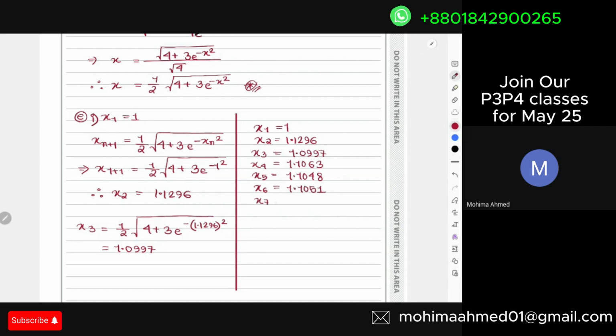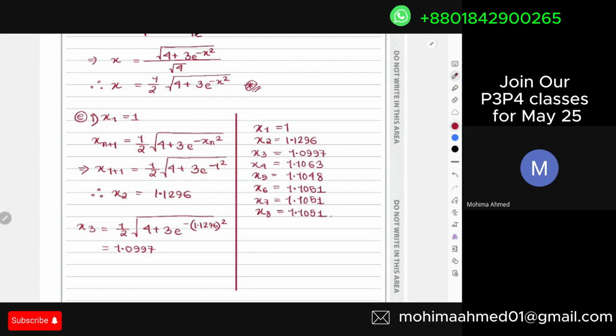And then again x7, which is 1.1051, which is again 1.1051. We can see that 1.1051 is coming out as a constant value. Still, I will calculate this again, and we get exactly the same, 1.1051. So we can see that x6, x7, x8, they have the same value.